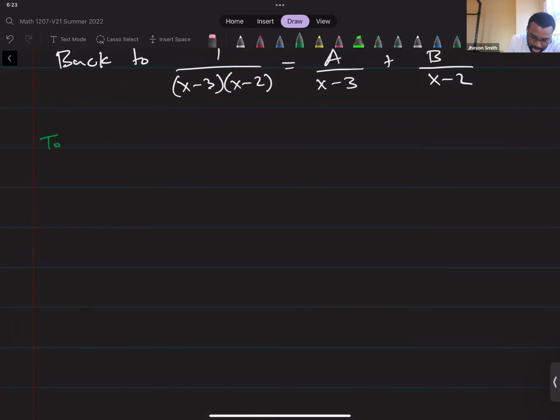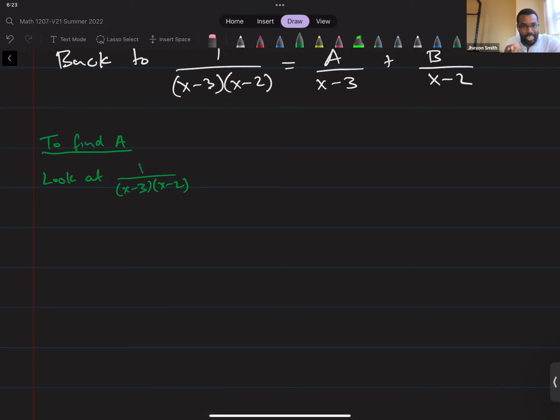To find A, look at the original fraction. If I was in class in person, I could literally show you with my hands what I'm doing, but I can't do that now. So I'm going to have to describe in words what I'm doing, and hopefully you'll get it.